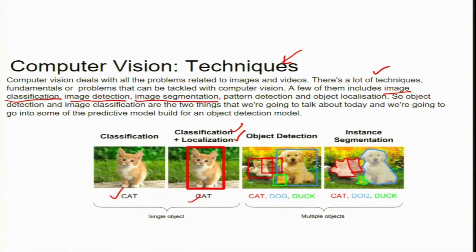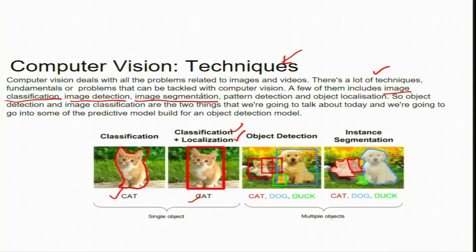Now to get this classification and localization done, you require segmenting that particular object in the image. This technique is called segmentation. Segmentation means that given an image, you have to segment the image with a different color in contrast to everything else in the image, which becomes the background.